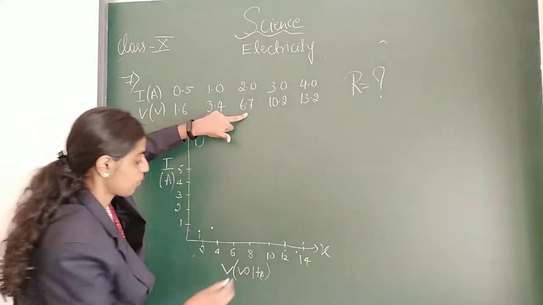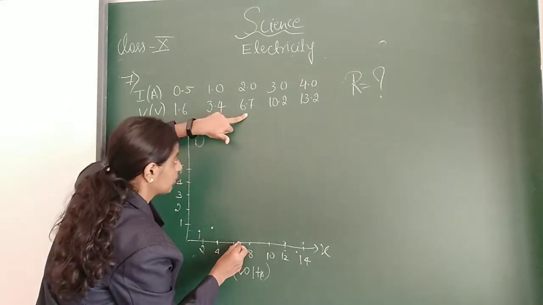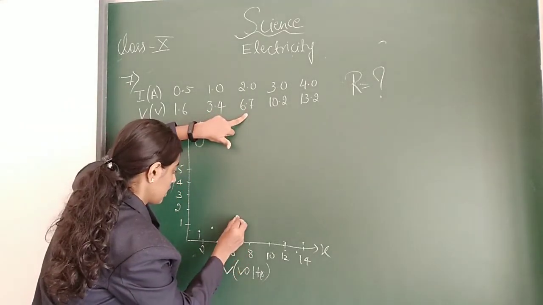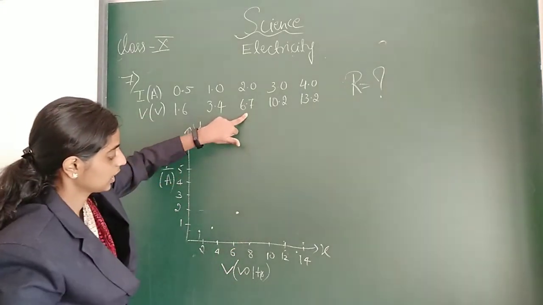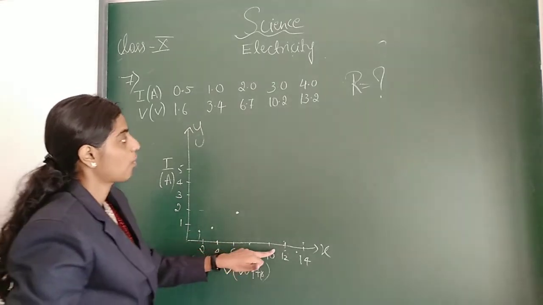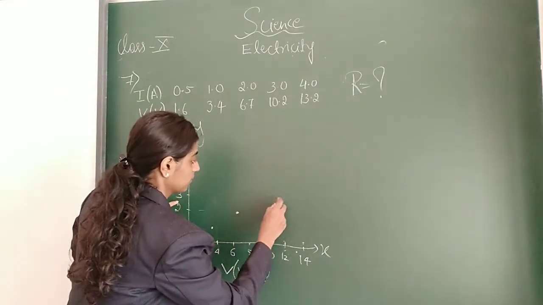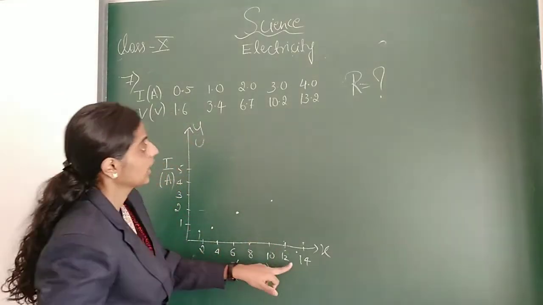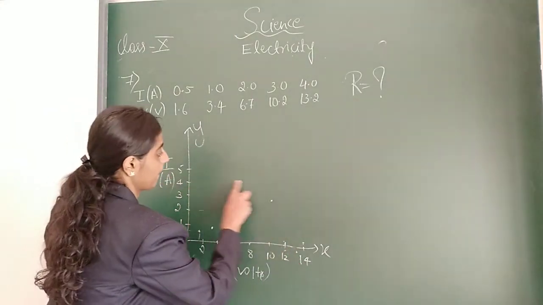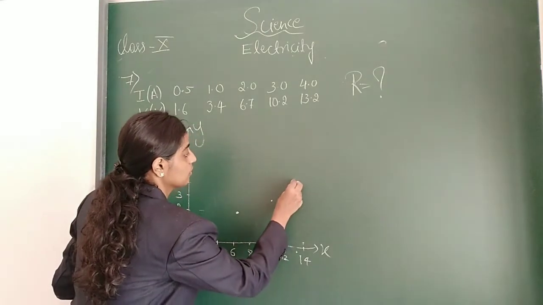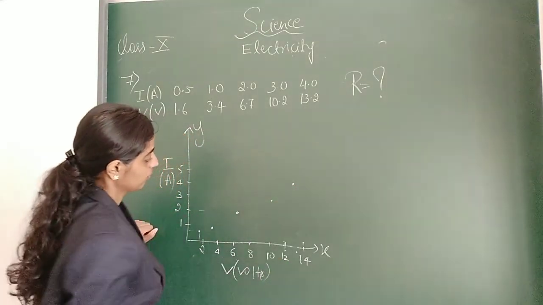And the next is 6.7. If this is 7, somewhere we will have 6.7. The next one is 10.2 for 3, somewhere here. And next is 13.2 for 4. So like this we will get the points.